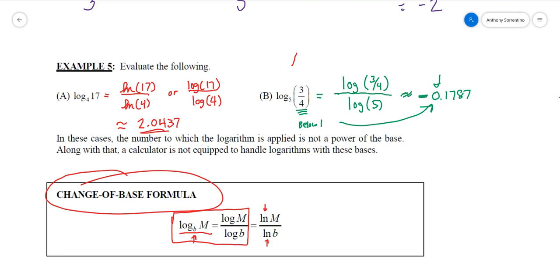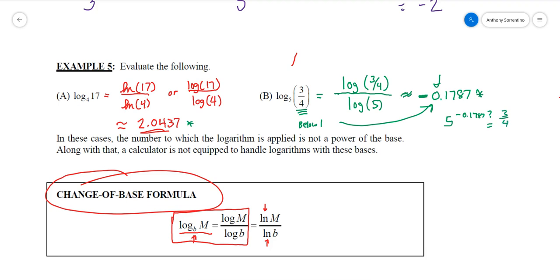because that means that chances are, if I'm raising a number to a power, I have to have done some sort of reciprocal, and reciprocals will indicate that you have a negative exponent. Because remember, that's what we're getting here. These are exponents that I'd be raising the base to get that. So basically, I would check to see, does raising 5 to the negative 0.1787 power equal 3/4.